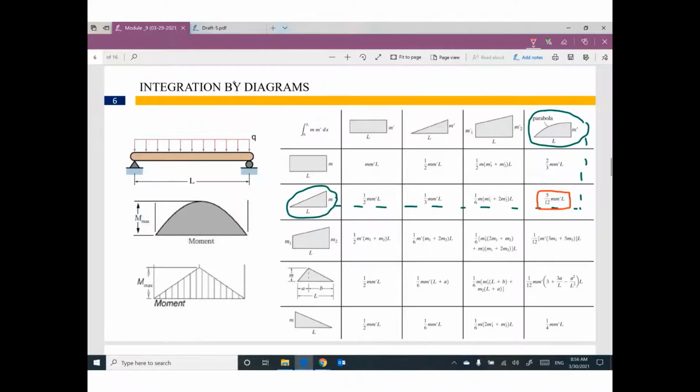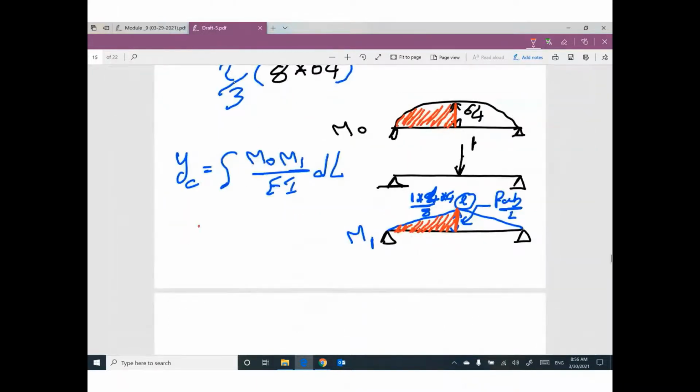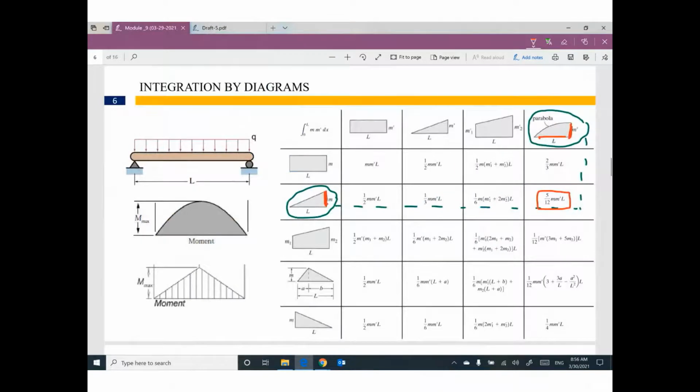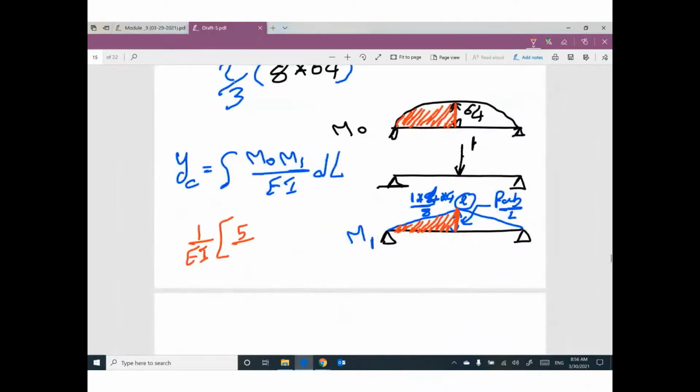5 divided by 12 M times M bar times L. I can do it here: 1 divided by EI. The equation says 5/12 times this value of moment, 64, times this value of moment, which is 2, times this length L, which is 4.